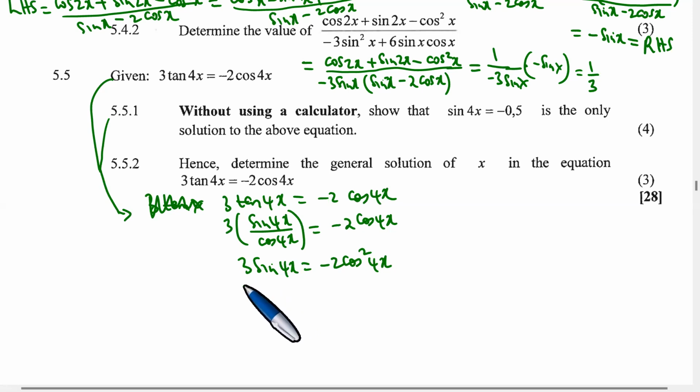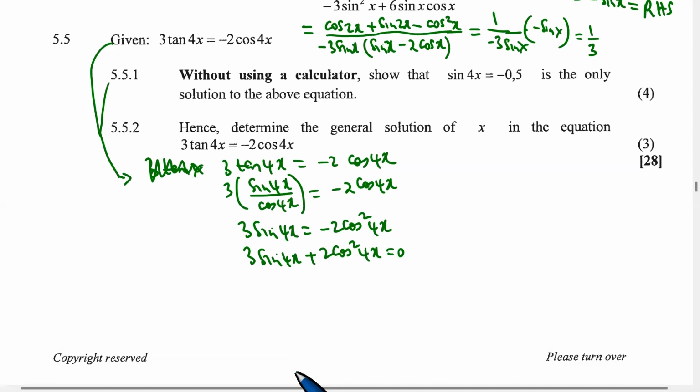Which means you have 3 sine of 4x plus 2 cosine squared, because you know that sine squared x plus cosine squared x is 1.